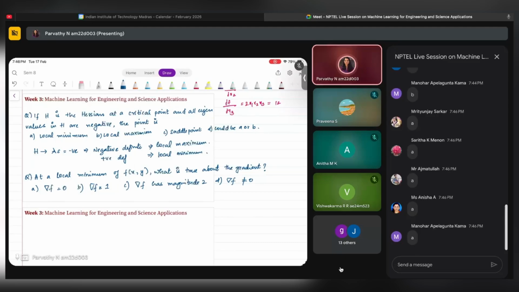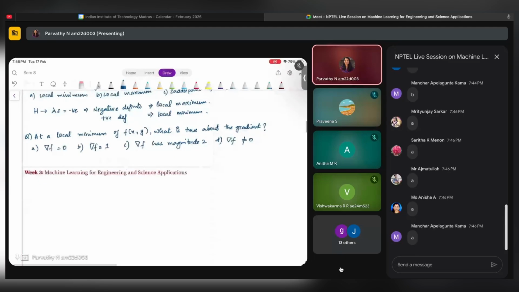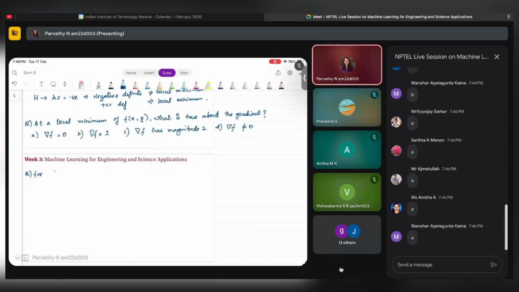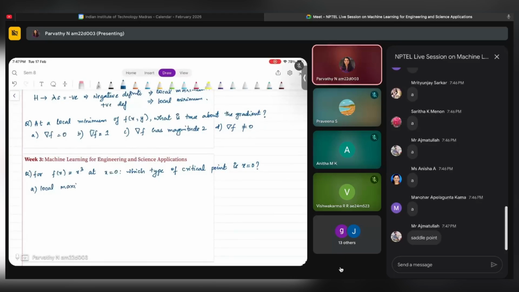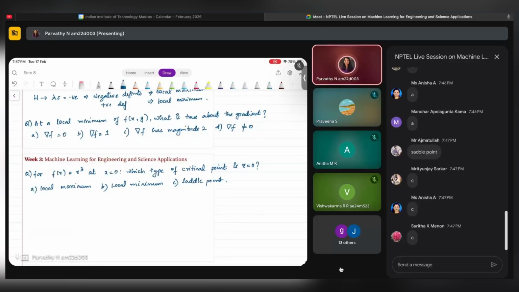Yeah, so the gradient will be 0. So it will be a saddle point because it's 0.